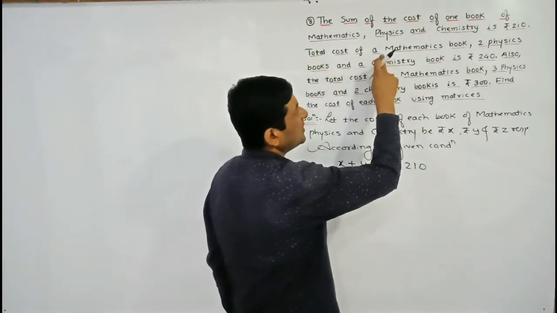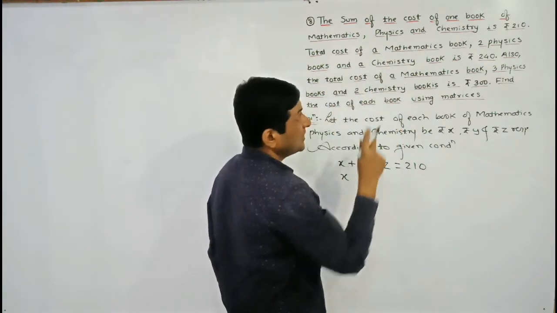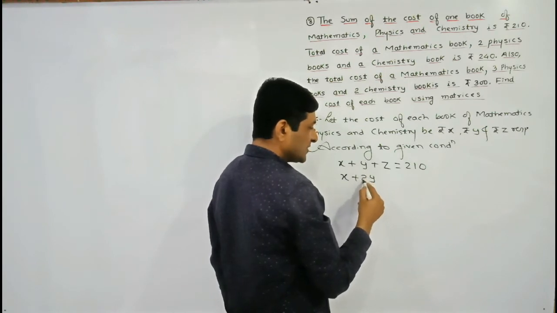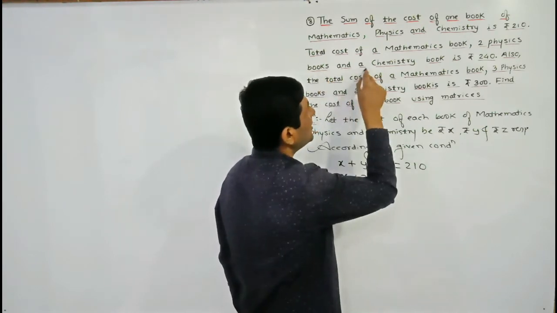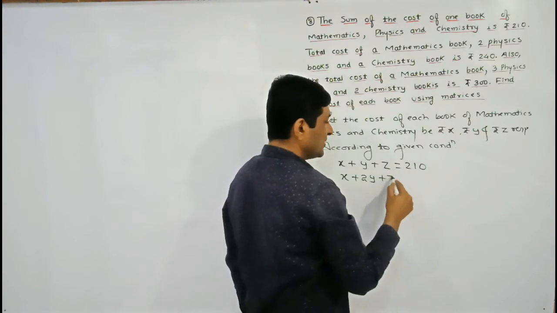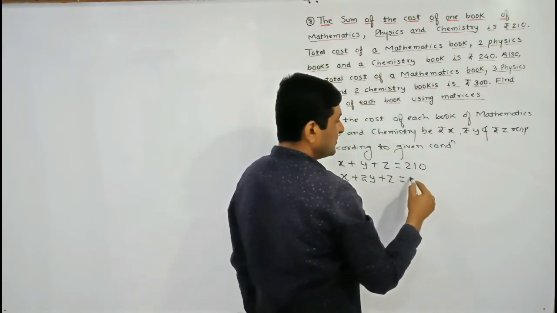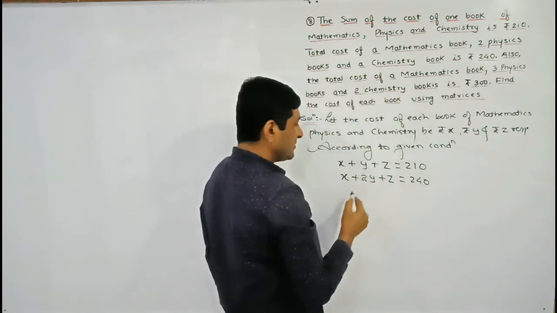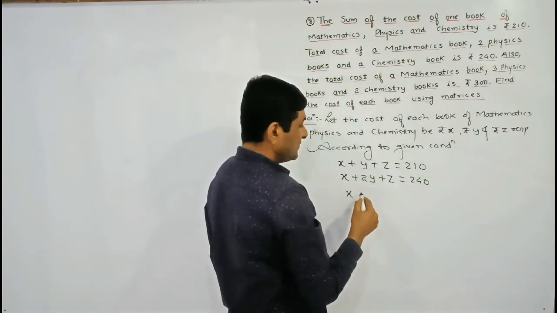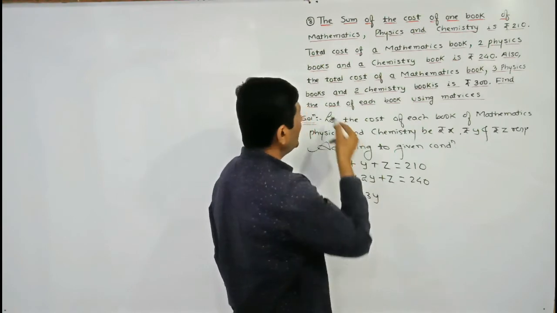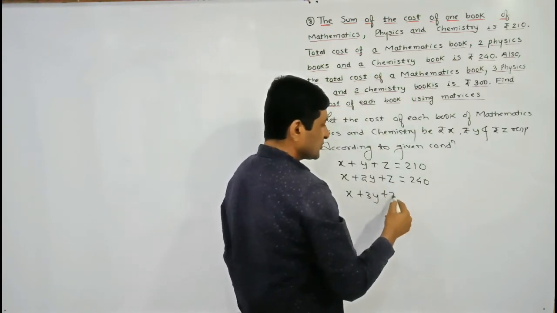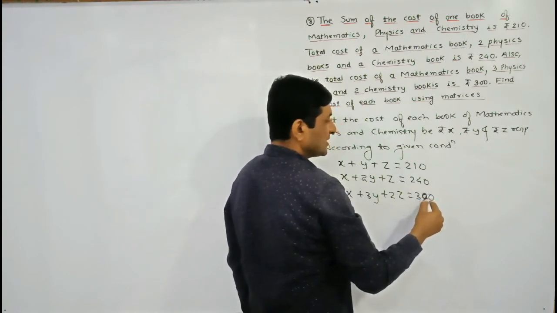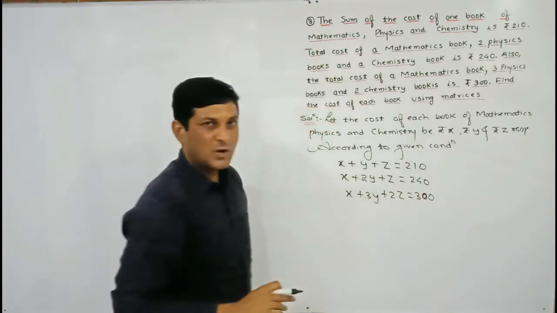The cost of a mathematics book is X, 2 physics books: one physics book is rupees Y, so 2 physics books are rupees 2Y, and a chemistry book we have denoted by Z, and this value is equal to 240. Again, the total cost of a mathematics book, X, 3 physics books, 3Y, and 2 chemistry books, 2Z, will be equal to 300. So in this way, using the conditions in the given example, we have got 3 equations.